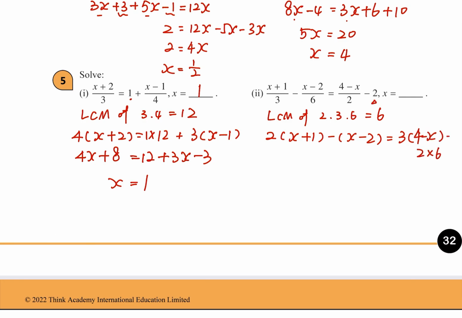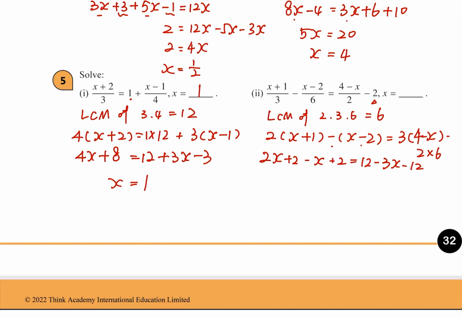Be very careful, you have to multiply the 2 by 6 as well. So we expand, break down the brackets, we got 2x plus 2 minus x plus 2. Be very careful, so here minus turns into a plus. And that is equal to 12 minus 3x minus 12.